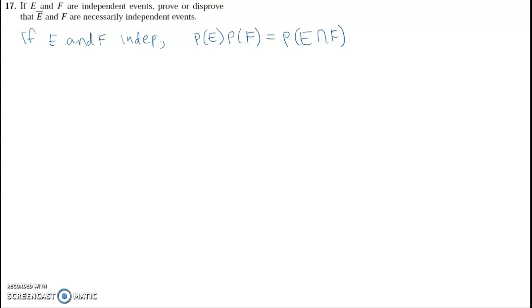Knowing this, we have to find out if the negation of E and F are also independent or if they're not.